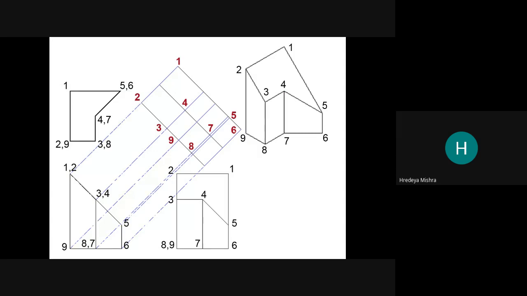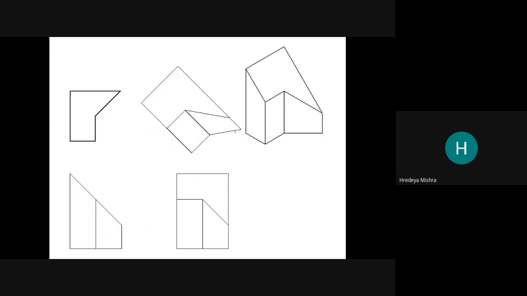Now we have to connect the lines. See, so here this is the true shape of this inclined surface. Okay. So by these steps we can find the auxiliary view which is required.